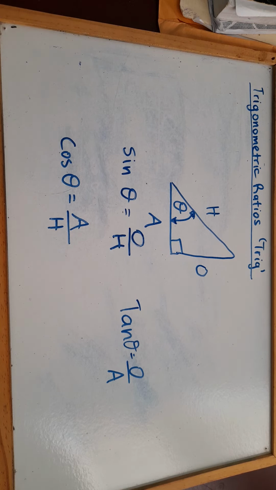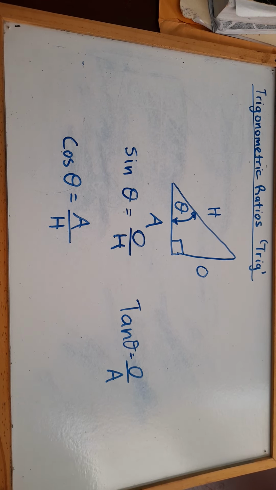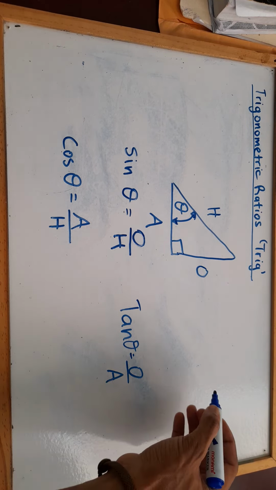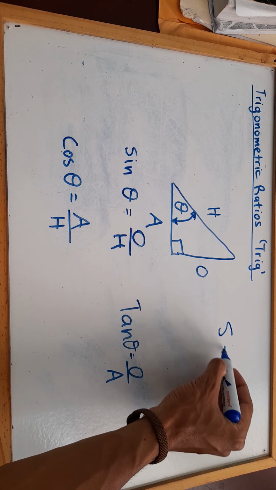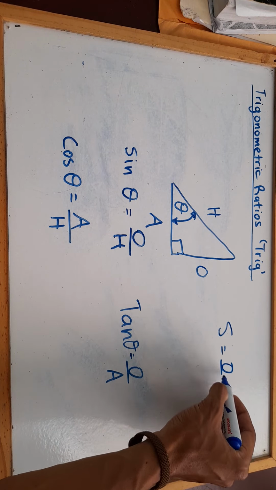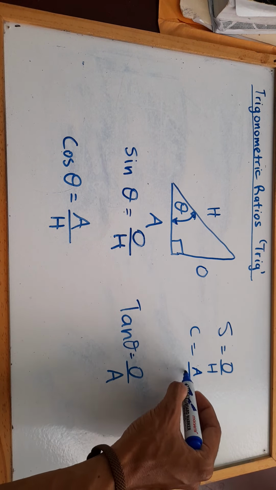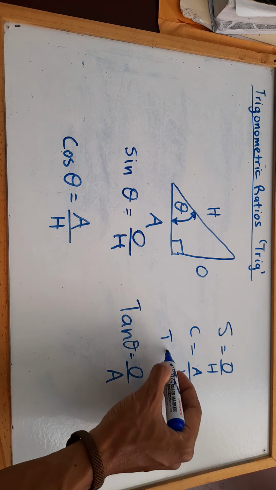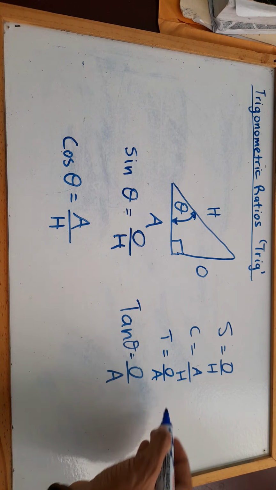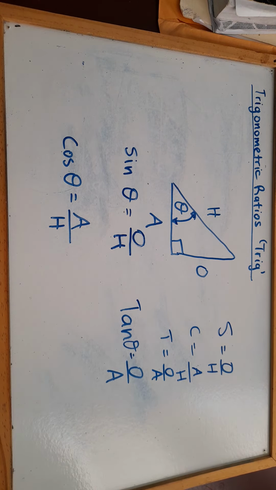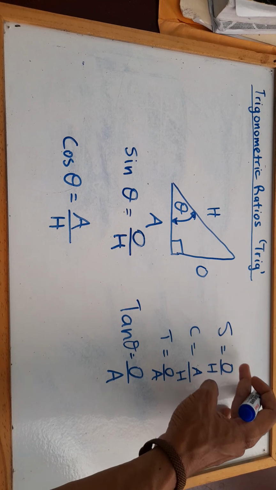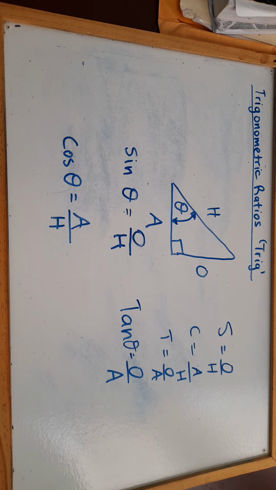The more you practice, the easier it is to remember. They would say sine is equal to opposite over hypotenuse. I guess we all would have heard from the various math teachers their way of remembering it.